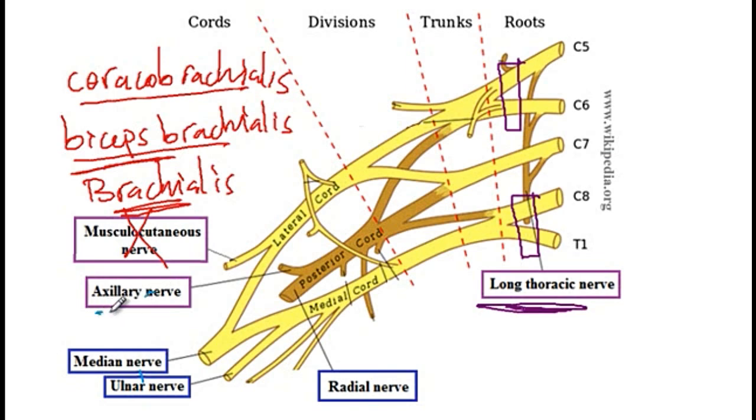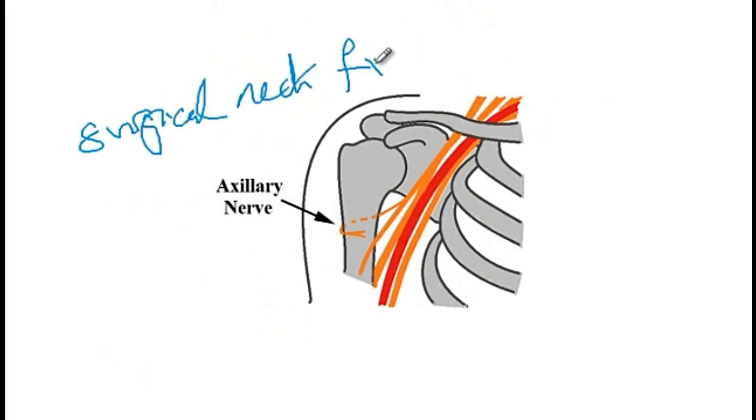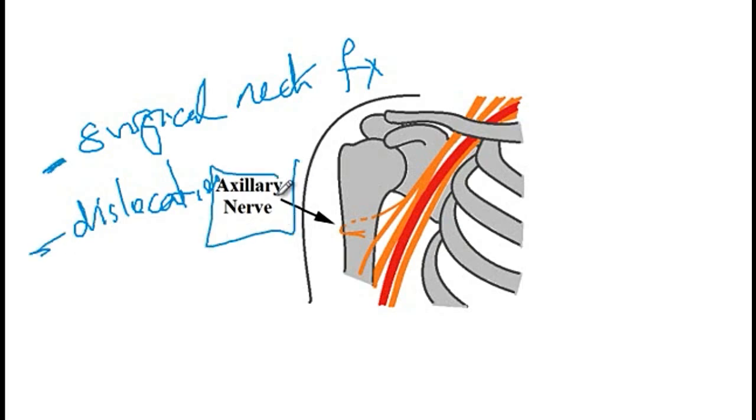And then the next lesion is the lesion of the axillary nerve. In this image, you can see that the axillary nerve has wrapped around the humerus. So conditions that cause surgical neck fracture of the humerus or cause dislocation of the humerus can cause damage to the axillary nerve.